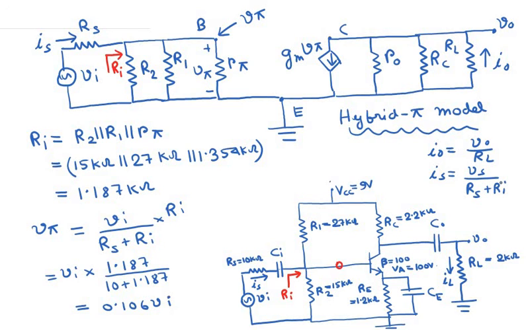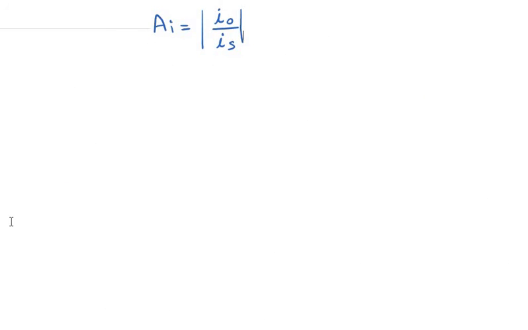These two formulas are not difficult to understand. So I0 is equal to V0 divided by RL, and Is is equal to Vs divided by Rs plus Ri.